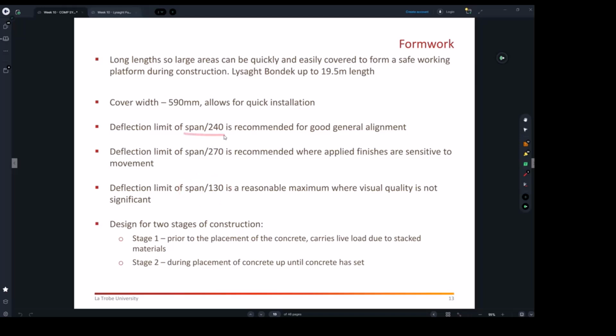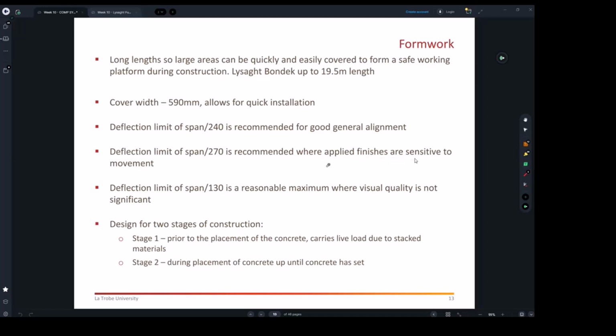That means we are worried about the look, which is for good general alignment. There are even flatter results whenever you increase this value. Whenever you increase the value, it's going to make it flatter, and that means for such an arrangement we are worried about the finish.